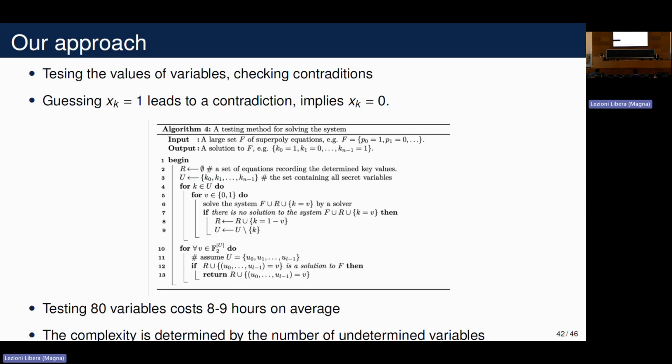For example, if xk equal to 1 is a wrong value, then in the SAT solver, it will quickly return that there is no solution. So we know xk equal to 1 is wrong. Then xk must be 0. I don't know if that is what you meant.